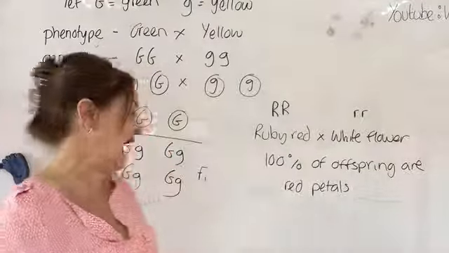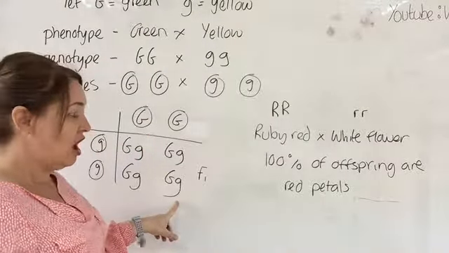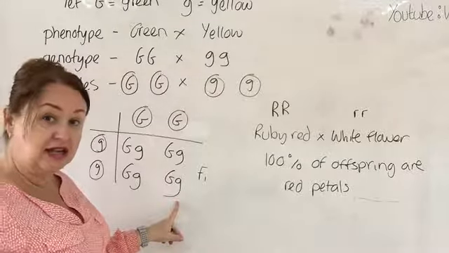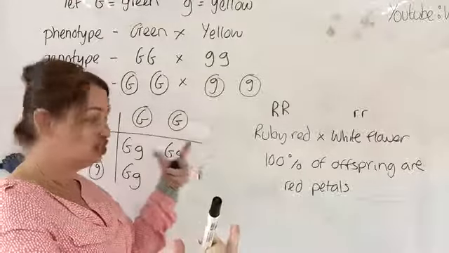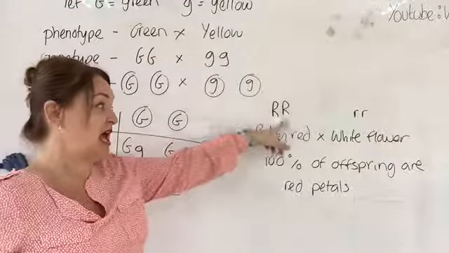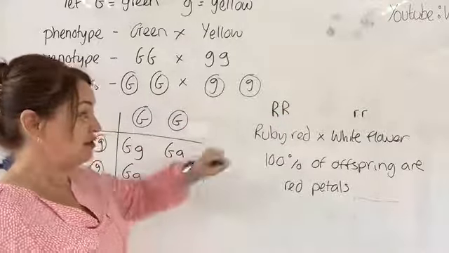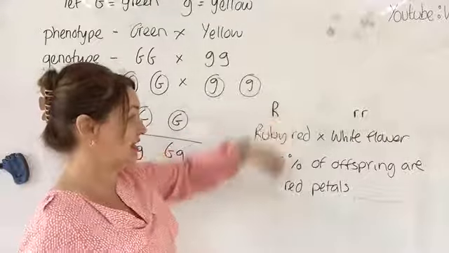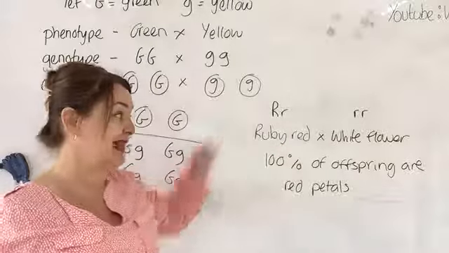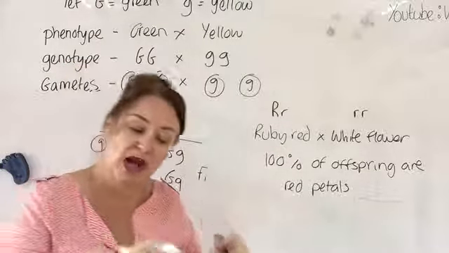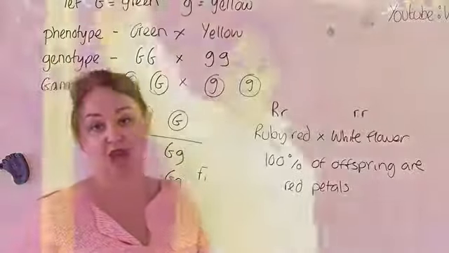Because if we have 100% of one colour and we've crossed a recessive with a dominant, that dominant genotype must have been a pure breed. If we've got one where, again, we've got a red flower and we cross it with a white flower, we would then expect a 3-to-1 ratio. So working from those ratios and working backwards, we can work out what our genotypes are.